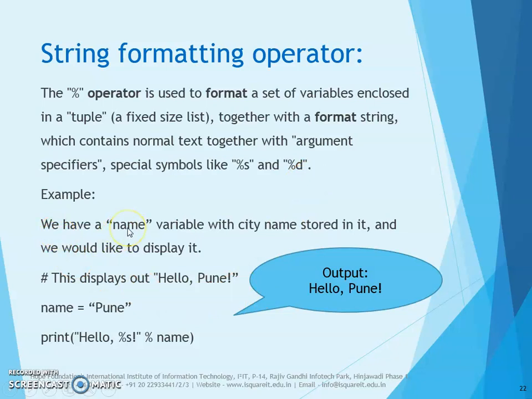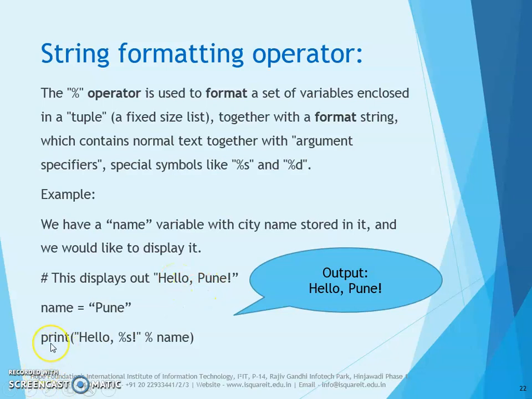We have a name variable that has a city name as its value. That is, we have a variable name, and Pune, that is a city name, is stored inside this variable. And we want to display this in this way: Hello Pune.